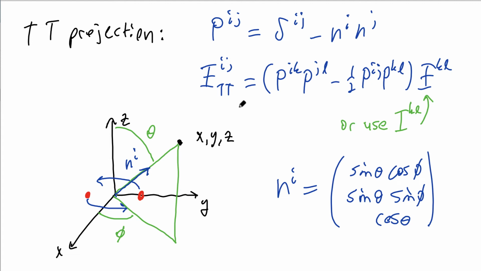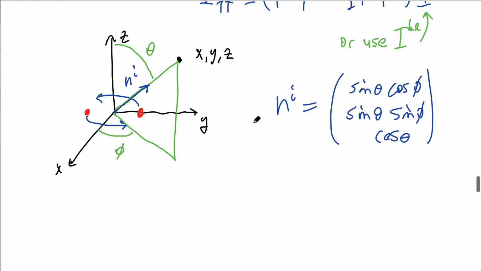However, it's very tedious and very messy. Let me give you the result of just one component, the 1,1 or XX component.